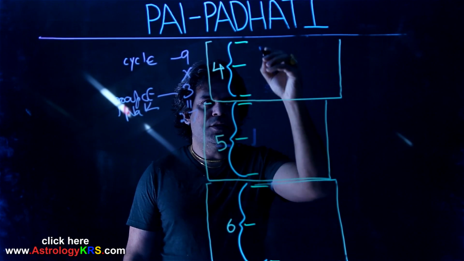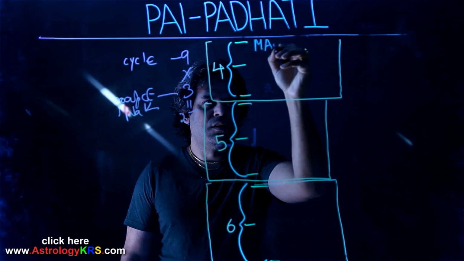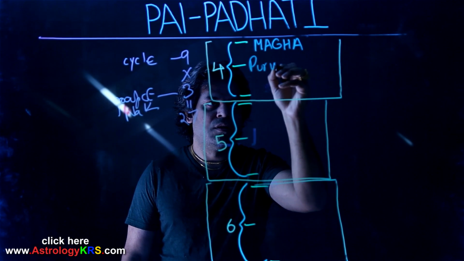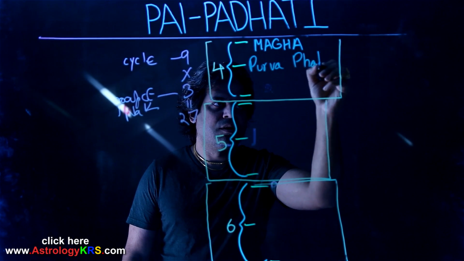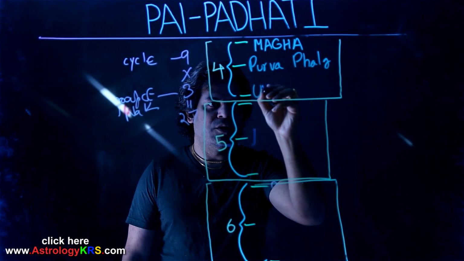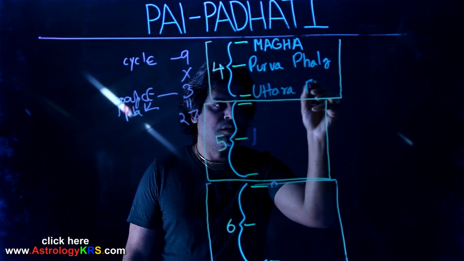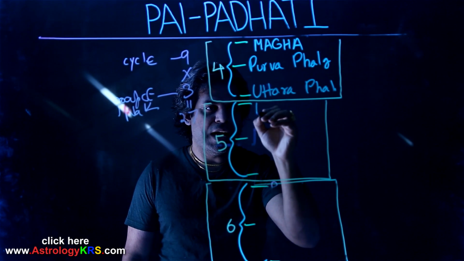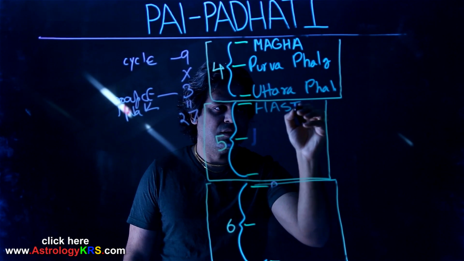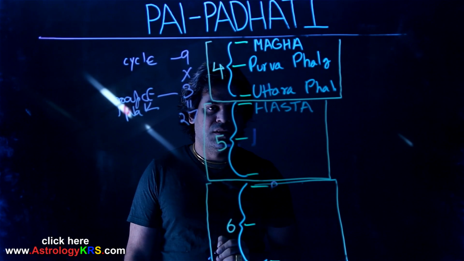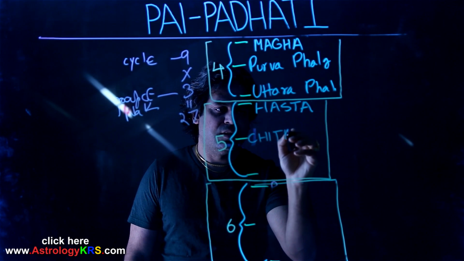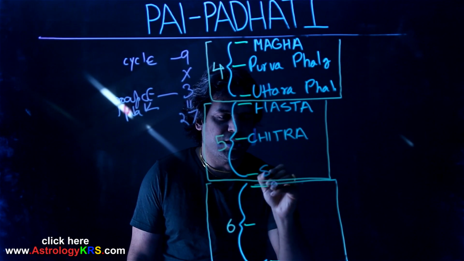Group 4 gets which nakshatras? Magha, Purva Phalguni, then Uttara Phalguni. Then group 5, Hasta, then Chitra, Swati.